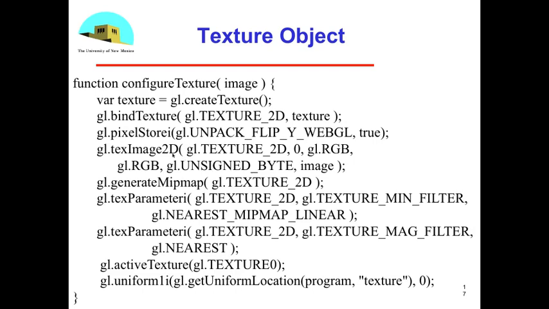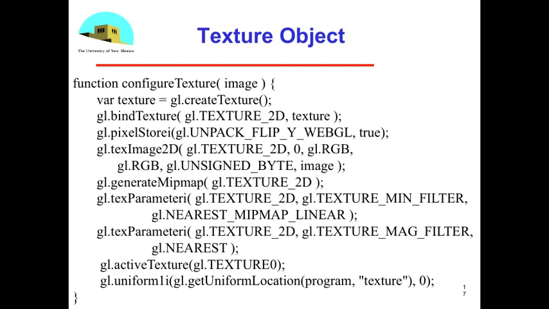Okay, here's the setting up of the texture 2D texture image. It's an RGB image for that example. It's an unsigned byte, and we just do a pointer to the image, the name that's been passed in. Now, in this example, I'm using MIP mapping, so I can actually generate all the MIP maps automatically.